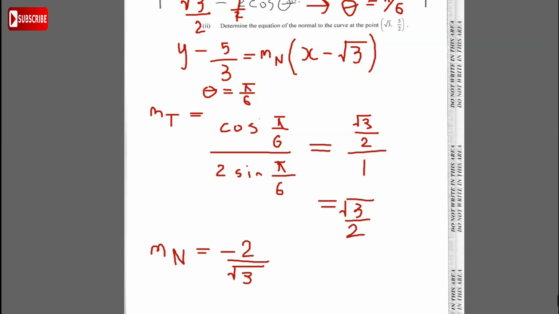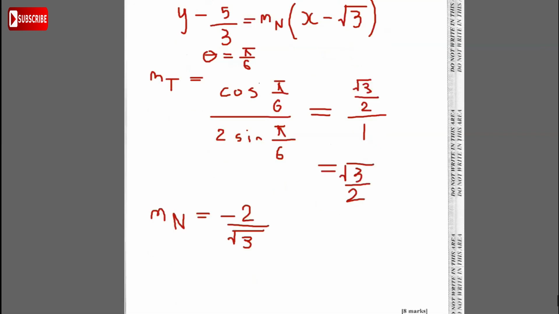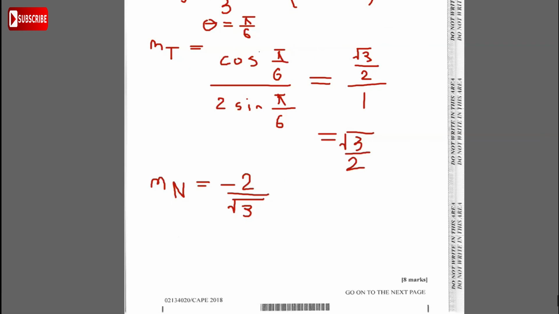Now that we have the gradient of the normal, we're absolutely good. So now we can say, okay, the equation of the normal, I'm going to write this now. This is the normal. So the equation of the normal is given by y minus the y value.